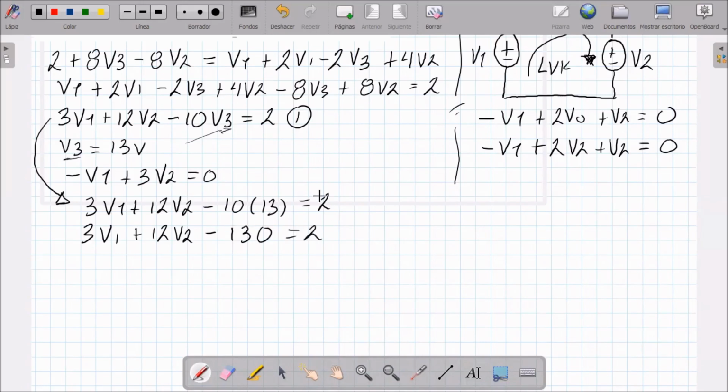Then I pass this to the other side with a positive sign, adding 2, then it would be 132. So 3V1 plus 12V2 equals 132, and I now have a new equation.